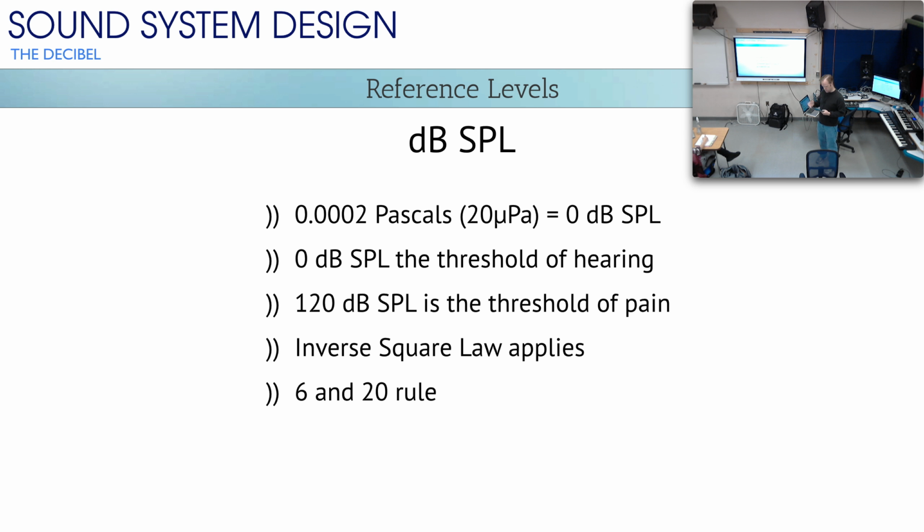Amplitude in the air corresponds to loudness. So 20 micropascals is the quietest thing that we can hear, and we're going to call that 0 dB SPL. When you see 0 dB SPL, that is standing in for this actual pressure level of 20 micropascals.